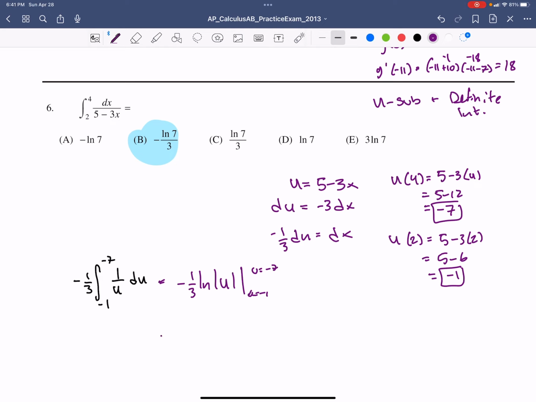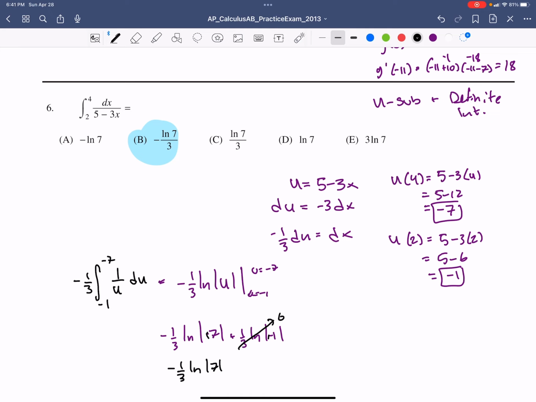So if you rewrite this, you're going to have negative 1 over 3 ln of absolute value of negative 7 plus 1 over 3 ln of absolute value of negative 1. So the absolute value of negative 1 becomes positive. So ln of 1 is 0. And so you're going to be left with negative 1 over 3 ln of 7.